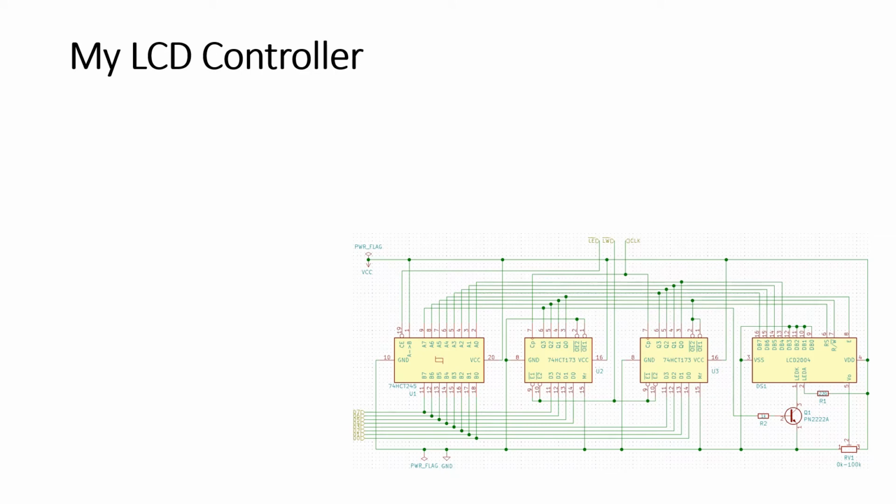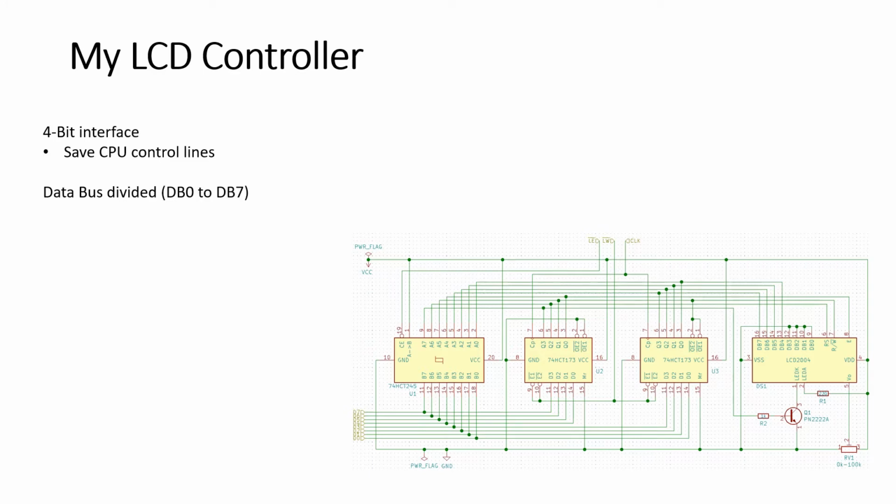To connect the LCD display with my breadboard computer, I built a small LCD controller which interfaces between my CPU and the LCD display, and I use the 4-bit interface to save some CPU control lines.